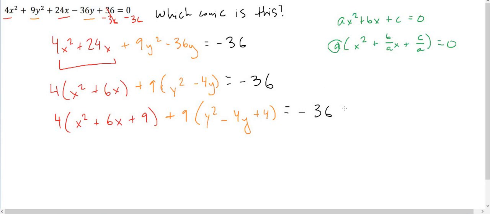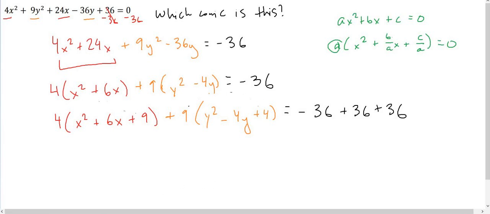So we're going to add one 36, which is from the 4 times 9. And then we're going to have another 36 from the 9 times 4. Alright? Now, what we end up having is something that looks like this.